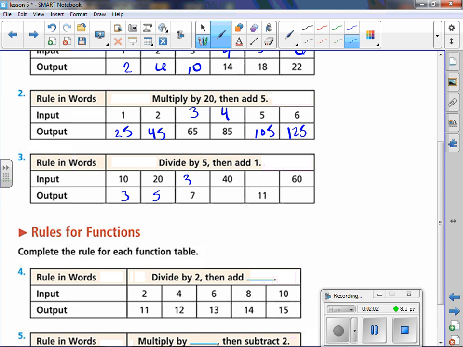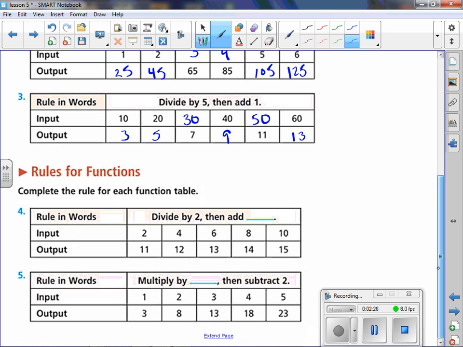Multiplied by 5 is 30. 40. Divide by 5 is 8, add 1 is 9. 10, right, subtract 1, 11 minus 1 is 10. Multiplied by 5 is 50, okay. 60, divide by 5 is 12, plus 1 is 13.